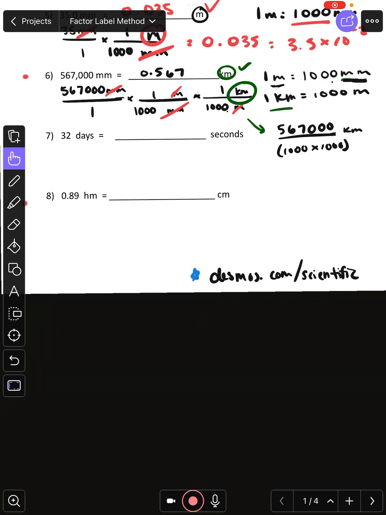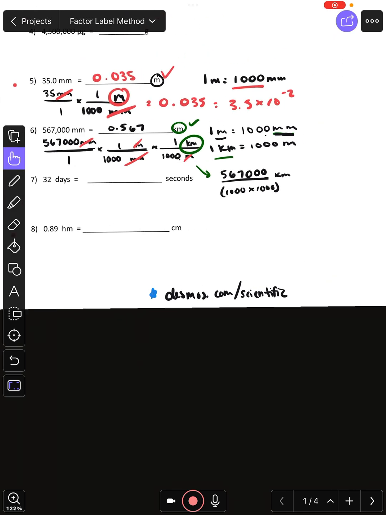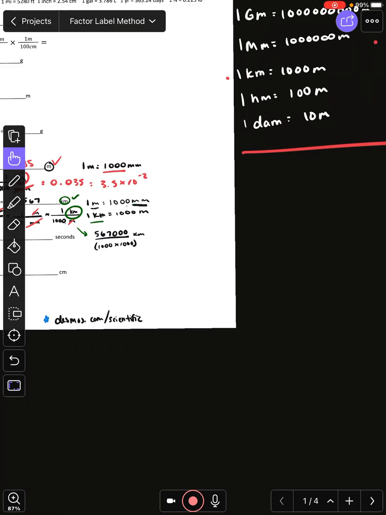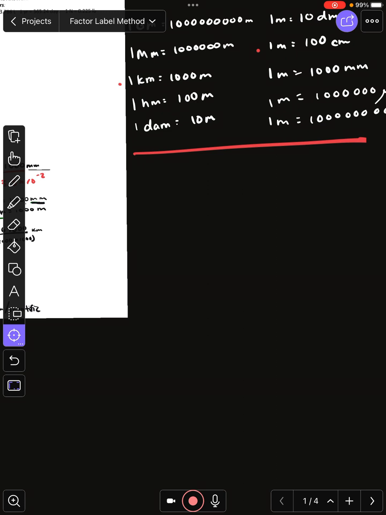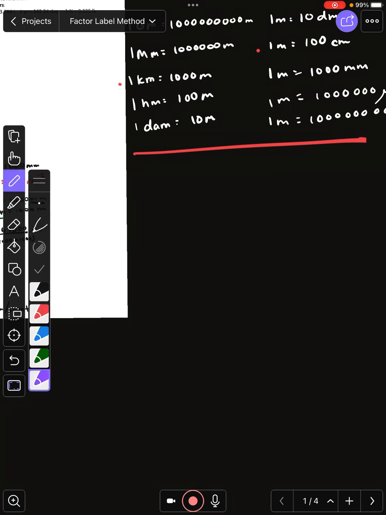Okay, last one on this, we're going to do 0.89 hectometers to centimeters. To do this, I'm going to reference my chart over here. Hectometers to meters, and meters to centimeters.